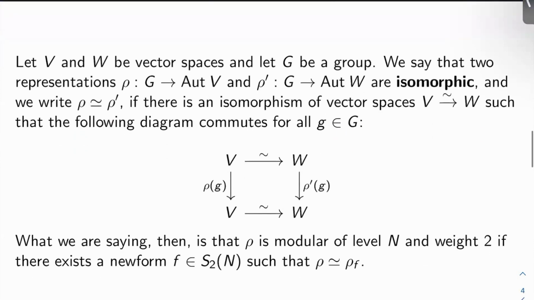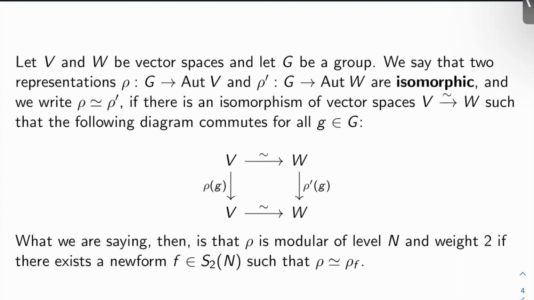We want the following diagram to commute for all g in G. So we have the isomorphism upstairs, V with W. Then rho of g is a map from V to V for all g in G, and rho prime of g is a map from W to W for all g in G. Downstairs I have the isomorphism of V with W again, and I just want this square to commute for all g.